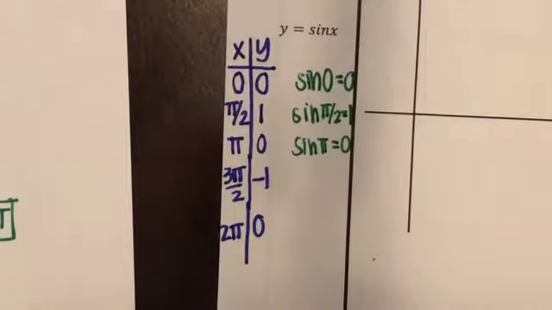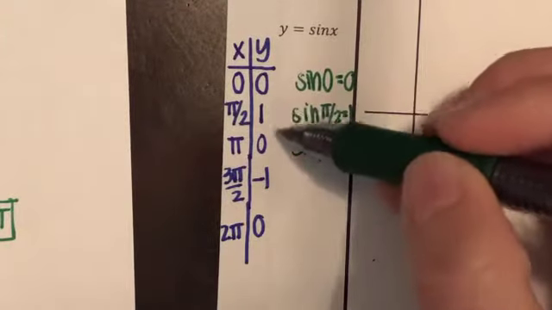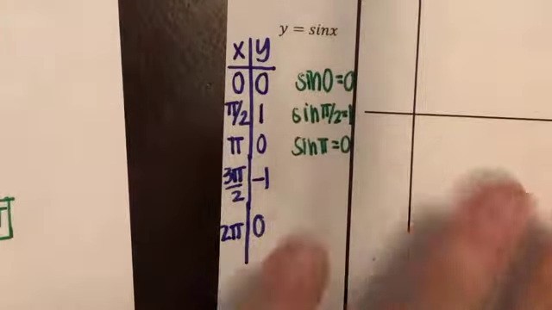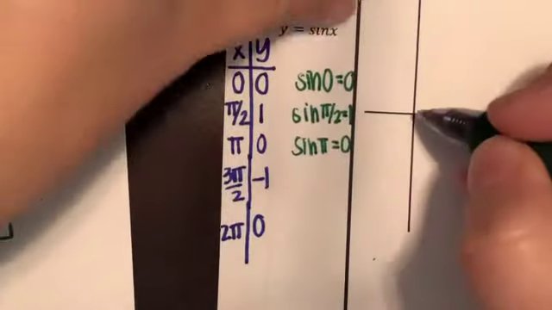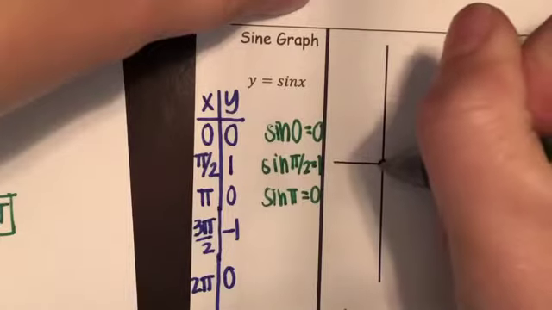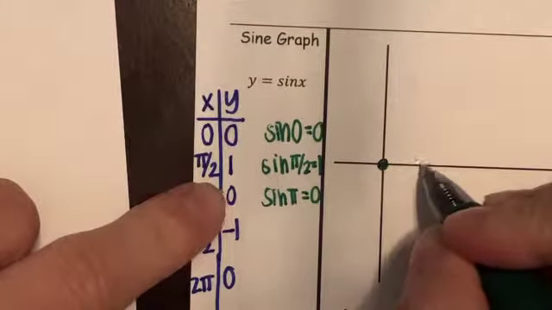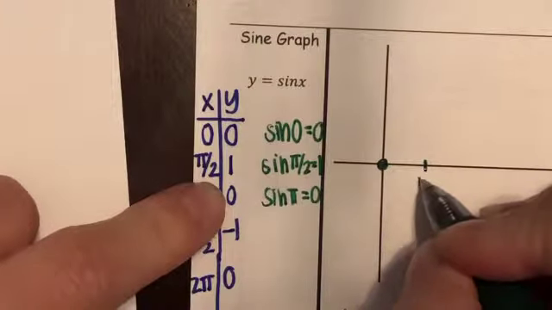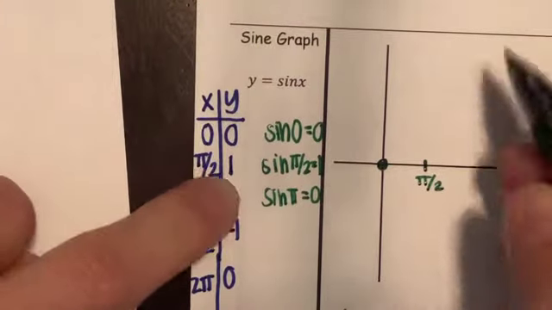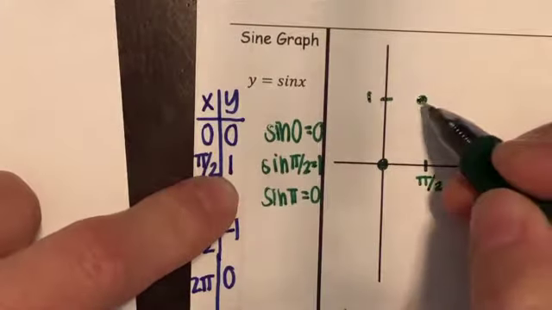So now what I'm going to do is create the graph. Every time you create the graph, you're going to have 5 different points. So this is 0, 0, I'm going to have a point. Then pi over 2 is going to be my first x. So at pi over 2, I have a point up here at 1.